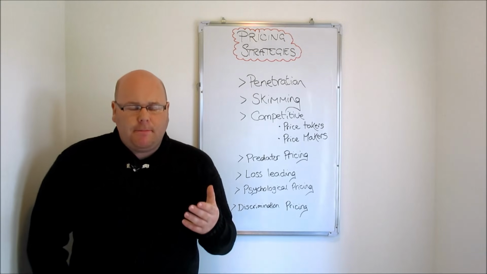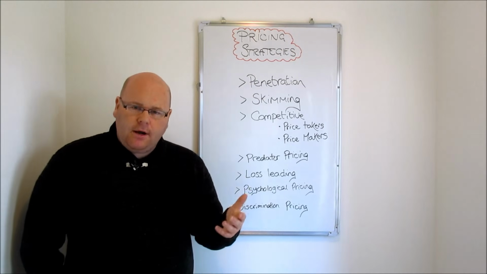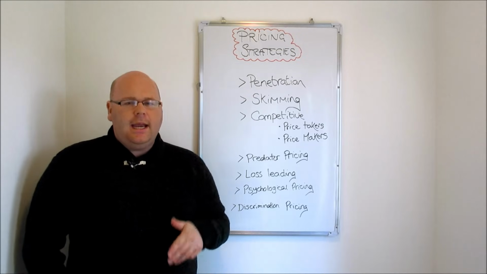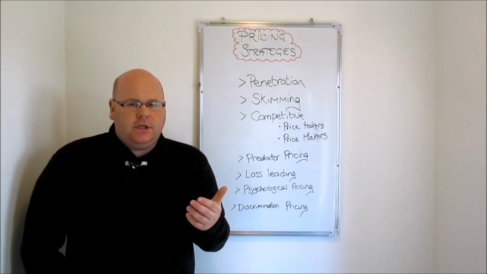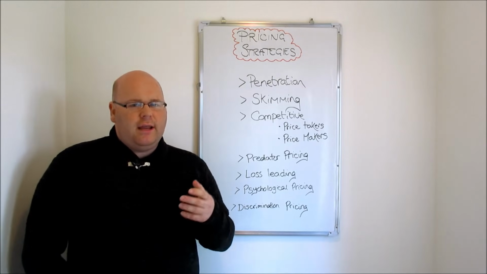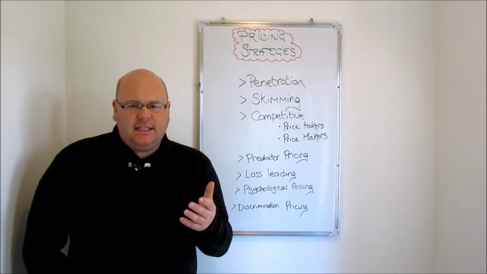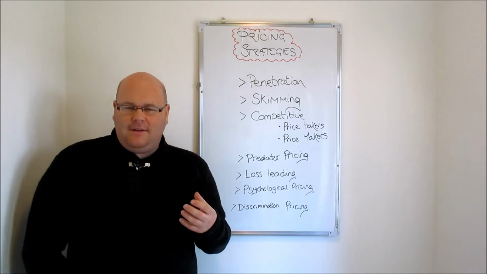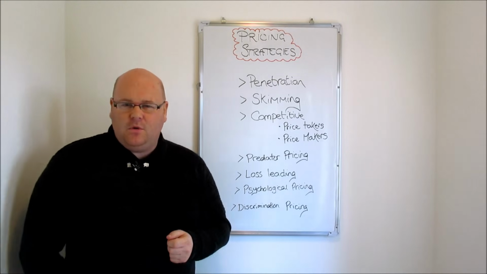So rather than charging £1 for a product, we just price it at 99p, and it means consumers that are on budget, who are looking to make cost savings and are looking to try and make purchases that they feel like they have won with, and they've elicited some kind of bargain from the organisation.